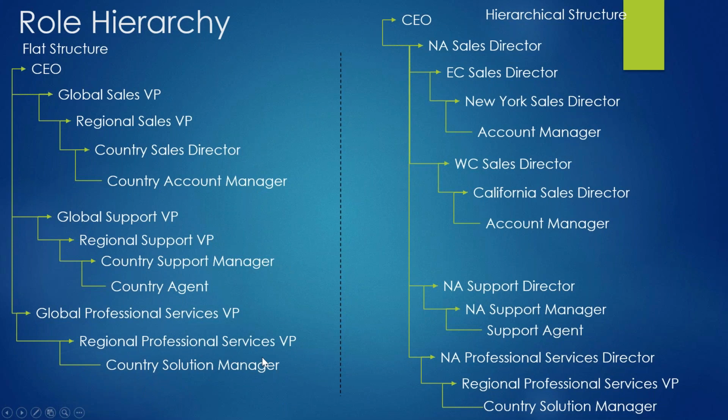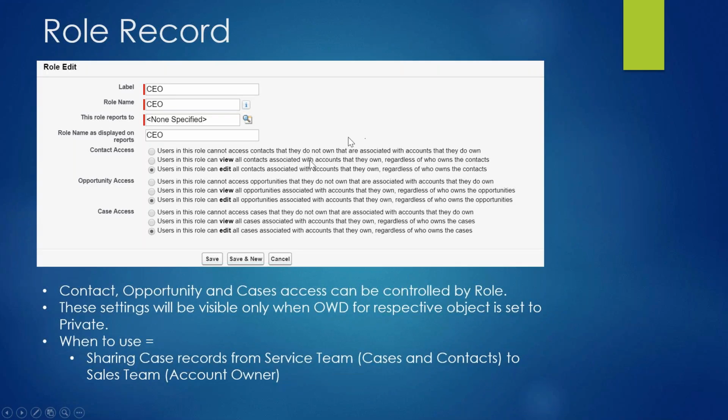In this scenario, I have already decreased one sharing rule that I would have had to create to share the cases from the country agent to the country account manager. This is one example of how I can use these features. It gives me exclusive access to the contact, opportunity and cases, and I can define a certain level of access by which the user will be able to see it.